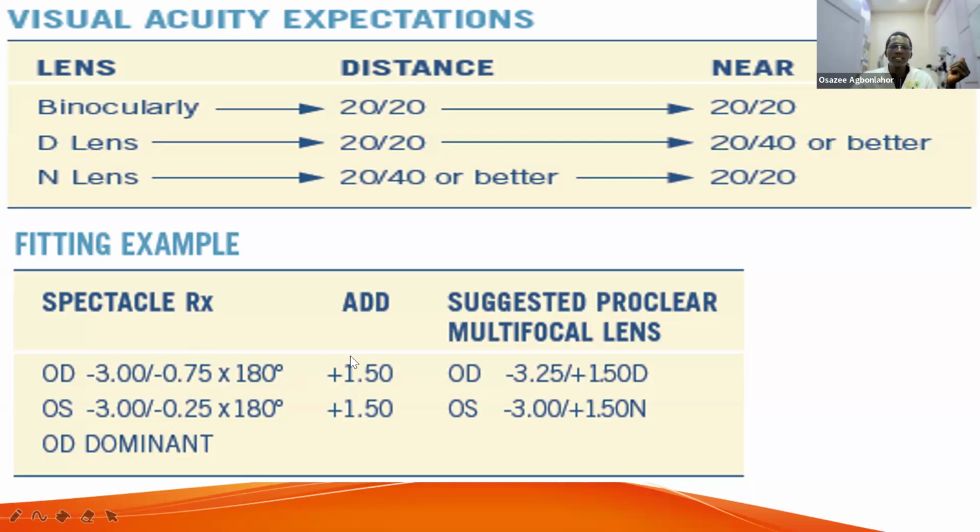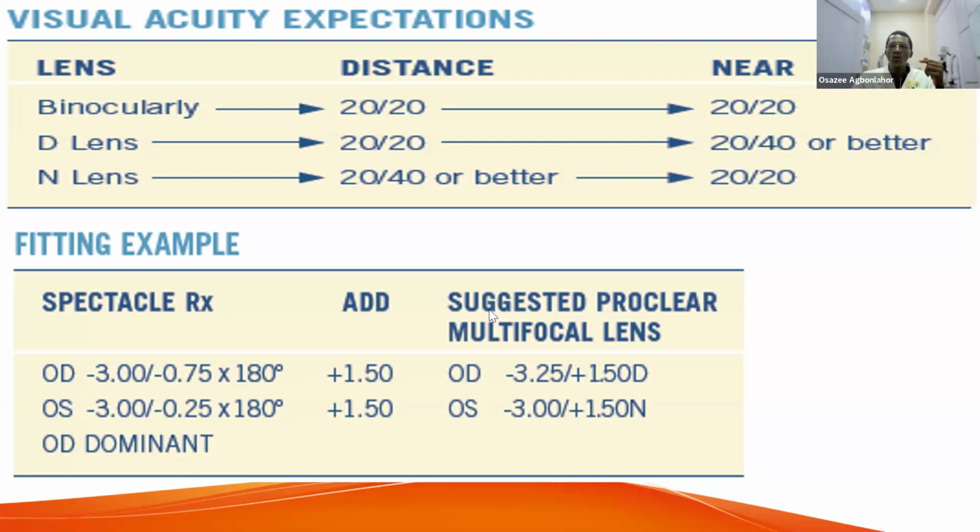And the add prescription here for both eyes is +1.50. So the suggested multifocal lens for this patient would be -3.25 with a medium add, or an add of +1.50, for the distance eye, the dominant eye in this case.